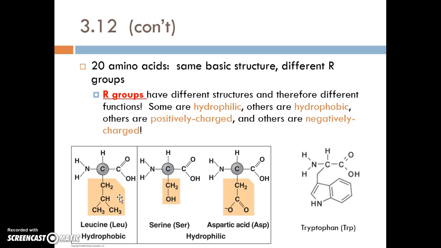Some are hydrophobic, meaning they don't like water, and some are hydrophilic, they like water. Because of those charges and reactions, when they come together and make these large chains, they fold in a specific way. So wherever we put these really dictates the shape of what we're going to be building.